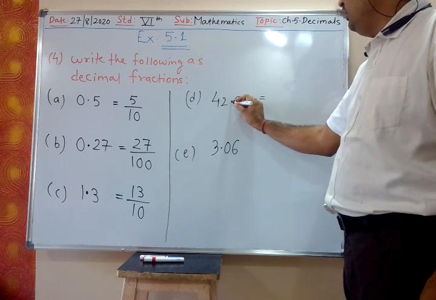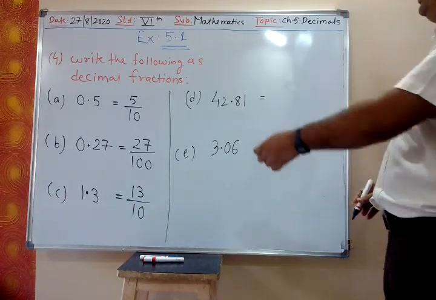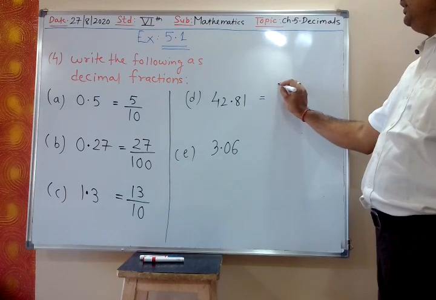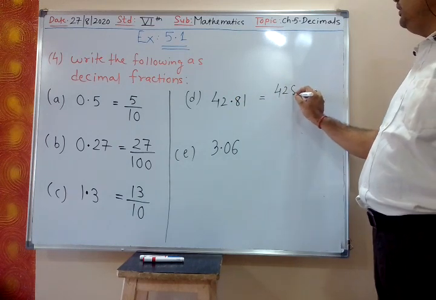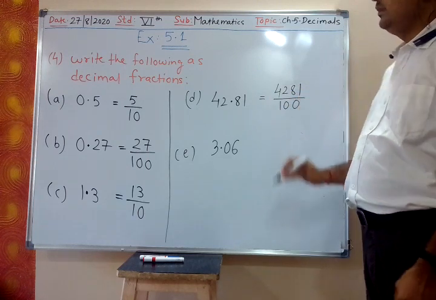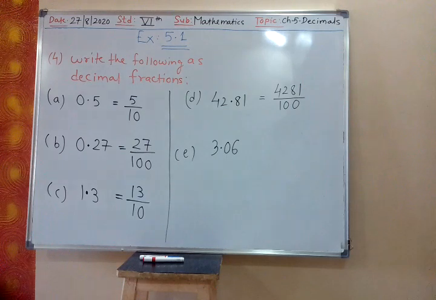42.81. After decimal there are two digits. So this I can write 4281 divided by 100.